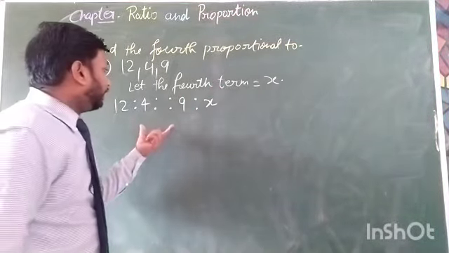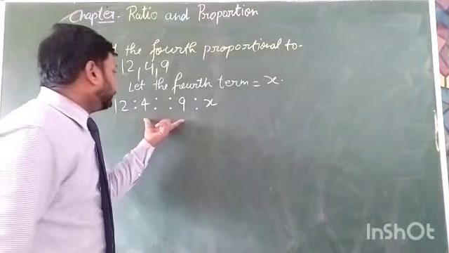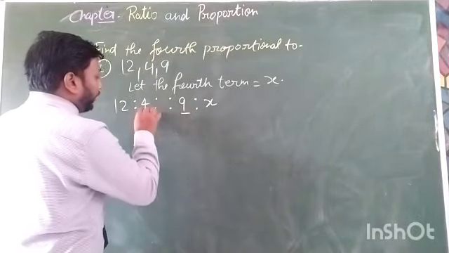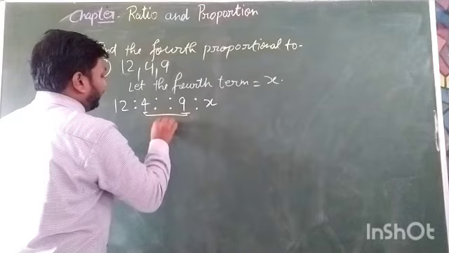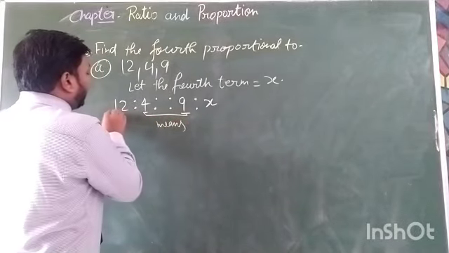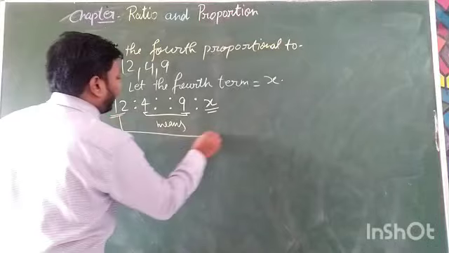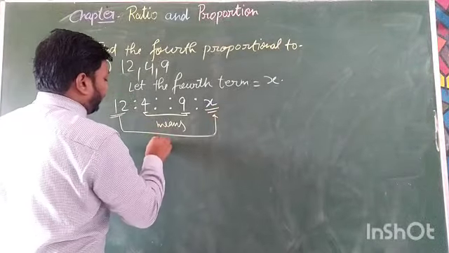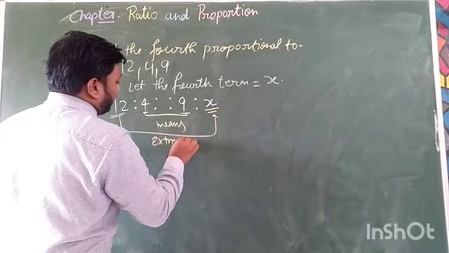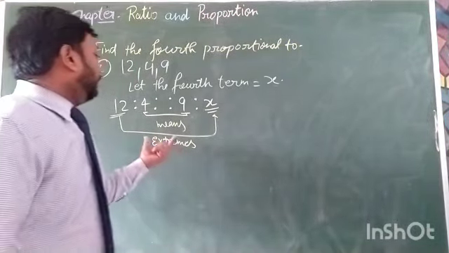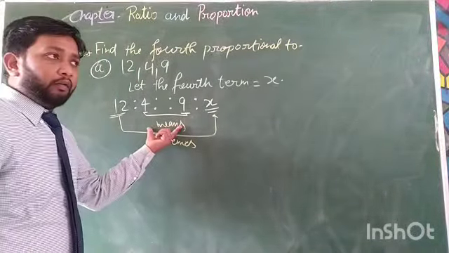And in the last class we learned that these two middle terms are known as means, and the last two terms, the corner terms, are known as extremes. And we know that the product of extremes is equal to the product of means.